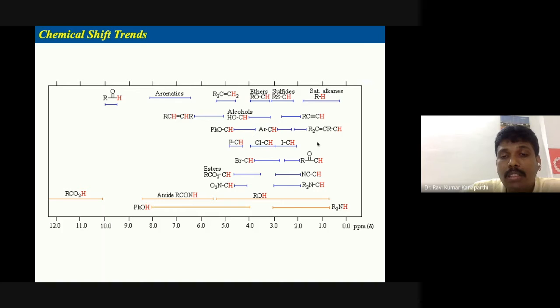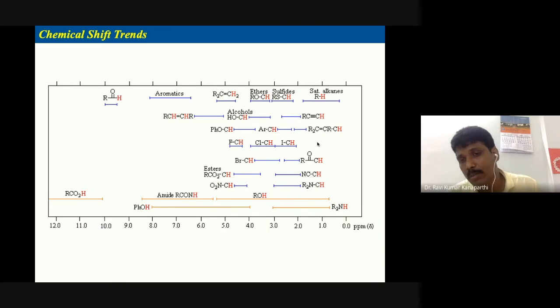So if you read these and memorize, then probably you will pass. But if you want to qualify CSIR or the GATE exam, you should also look at the other nuclei NMR. The chemical shift values of other nuclei are also nicely tabulated, so try to remember these ranges.